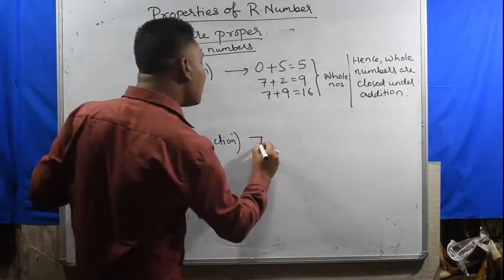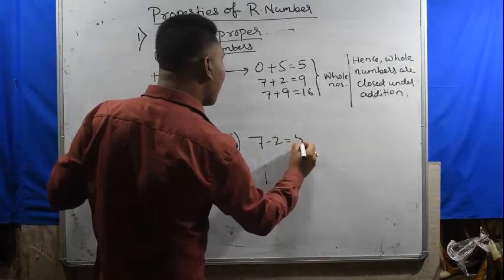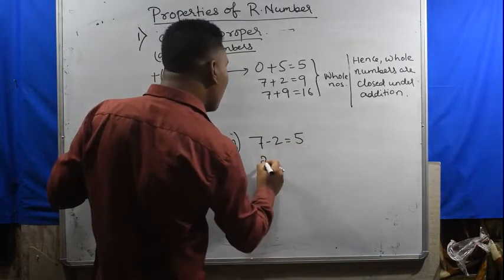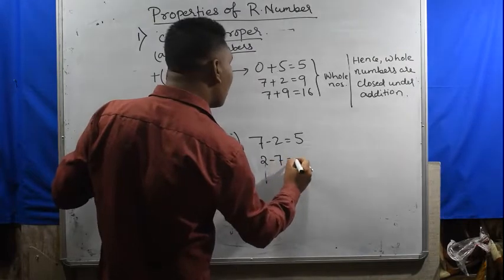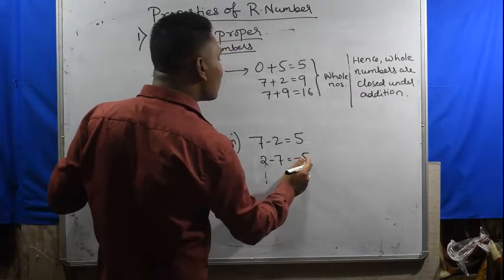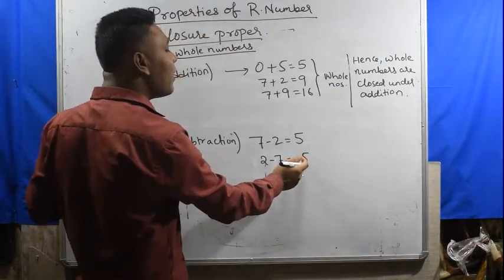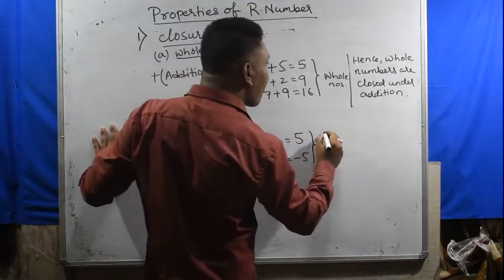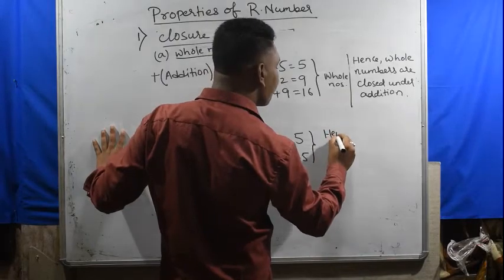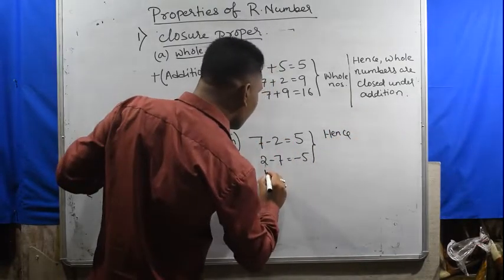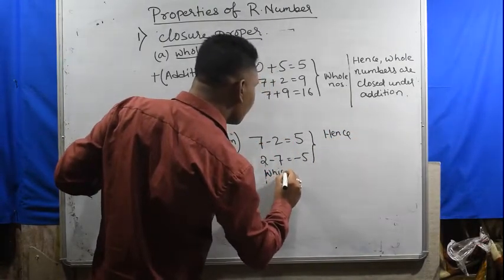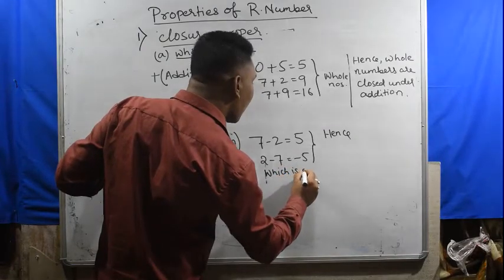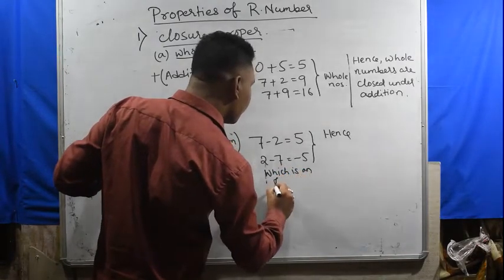7 minus 2 is equal to 5, but 2 minus 7 is equal to minus 5. This is not a whole number, this is an integer.